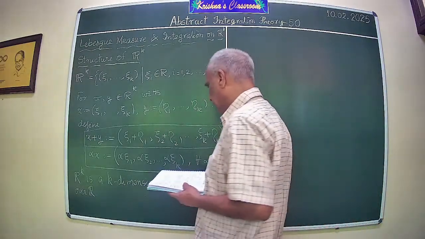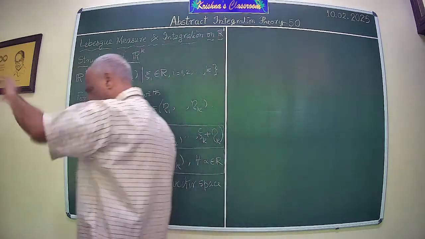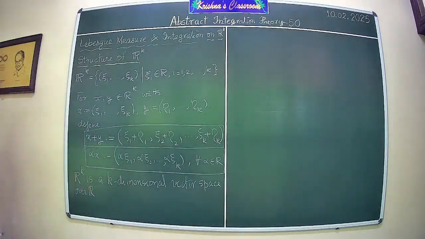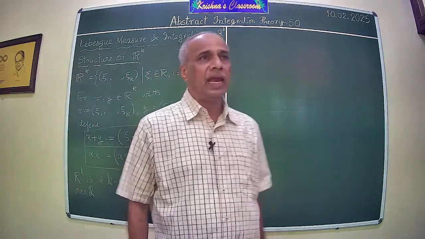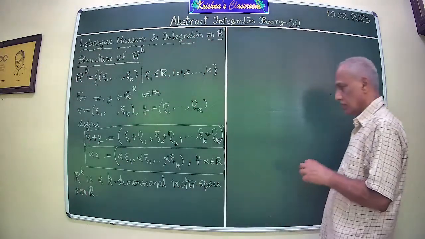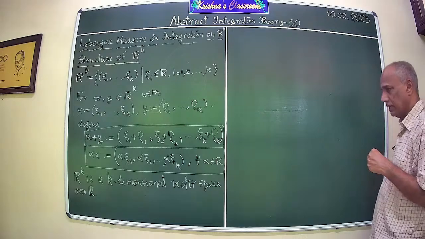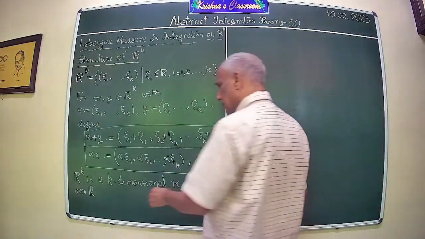First of all, it's a vector space. That means all the properties of the vector space are satisfied by R^k, and you have a statement of k-dimensional.